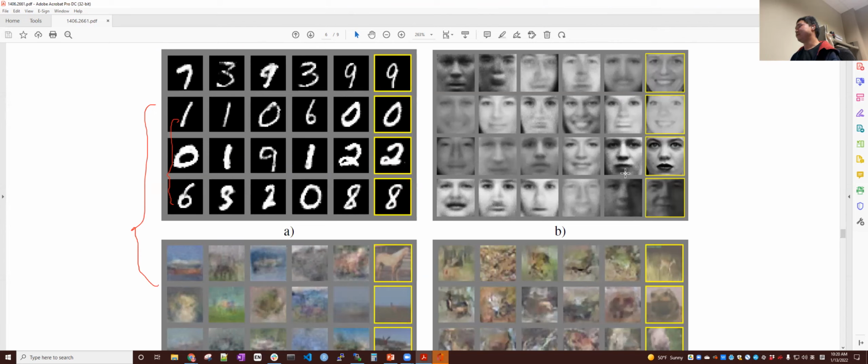We don't have a really quantitative metric to compare these two, but we can tell with our naked eyes that the images are sharper and clearer. Previously people argued that the reason is that GAN uses the JS divergence, the Jensen-Shannon divergence, instead of a KL divergence to train the model, but actually it's not.